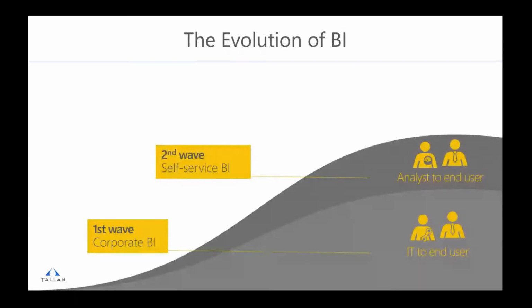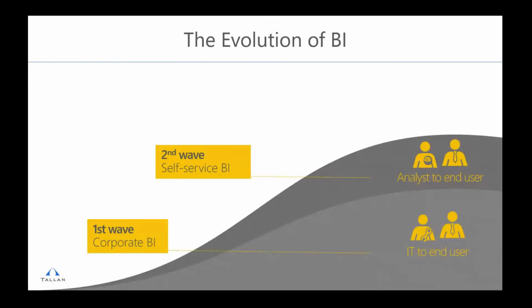This resulted in a second wave of BI where analysts were engaged to take matters into their own hands, right? People were using Excel and Access databases, trying to get their hands on the data so that they could manipulate it in a way that would allow very quick turnaround in the decision-making process and analytics of the information.